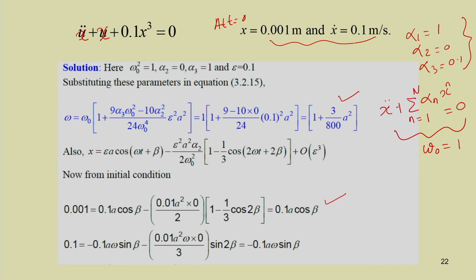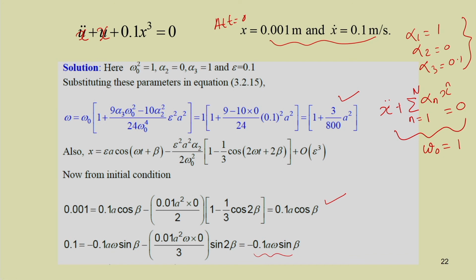Similarly, differentiating this equation, x dot equal to 0.1, so 0.1 equal to minus 0.1 a omega sin beta minus 0.01 a square omega into 0 by 3 into sin 2 beta. This gives rise to minus 0.1 a omega sin beta. So, 0.1 a cos beta equal to 0.001 and 0.1 equal to minus 0.1 a omega sin beta.